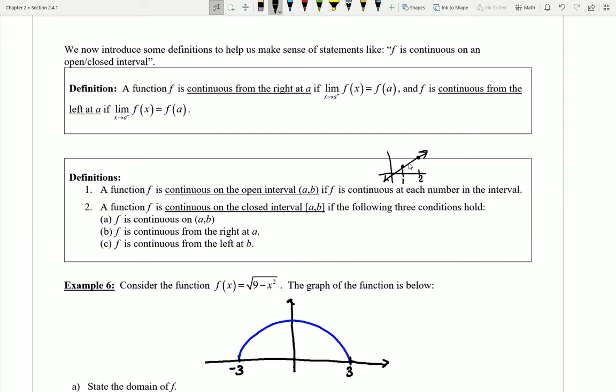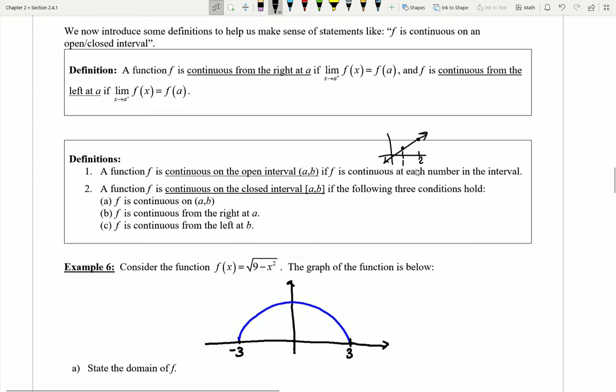So we want to make sure that the graph is going to be continuous from the right as we move towards our starting point, our point a, or in this case, like our point 1. We would also then want to check that our function is continuous at b. But we want to check, since I'm only on this interval, that as I move towards the value of b, the end of the interval, from the left side, that I'm going to end up being continuous. So of course, understanding which direction I have to move from here is really made clear by considering a picture.